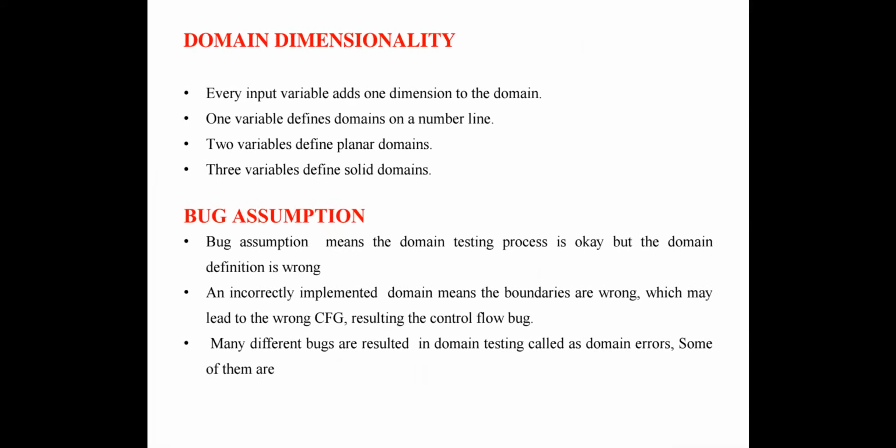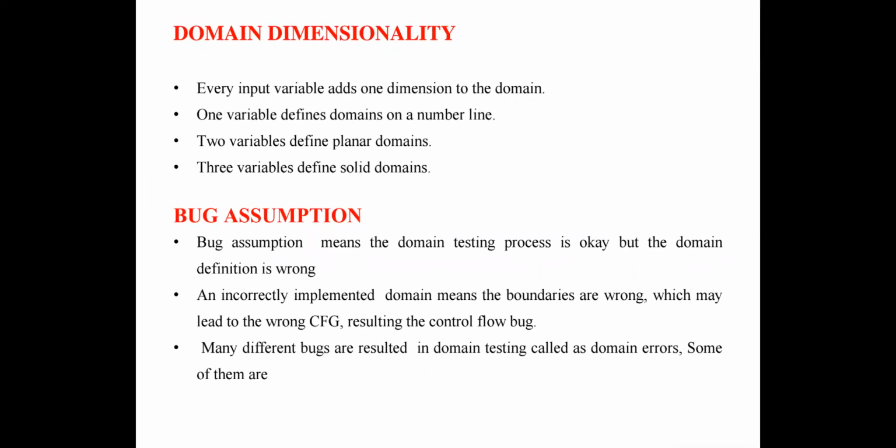So the next one is domain dimensionality. Domain dimensionality means the dimension you have taken is represented, called the domain dimensionality. Every input variable adds one dimension to the domain. If you are using one variable, it is called one variable dimension. When you are using two variables, it is called two variable dimension.